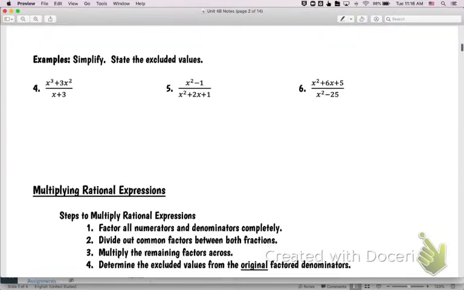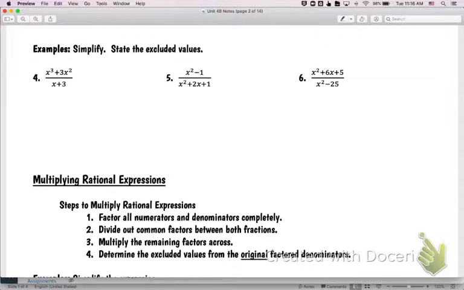Let's look at a couple examples of simplifying. The first step is always to factor everything out. So if we look at the numerator and the denominator, we can come up with the factor x squared times x plus 3 as a GCF, and then the denominator is not factorable. Now, because a fraction bar acts as a grouping symbol, we can add those parentheses here, and now we can see that on the top I have factors.